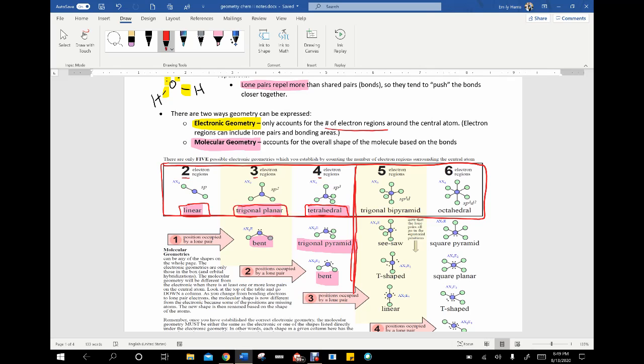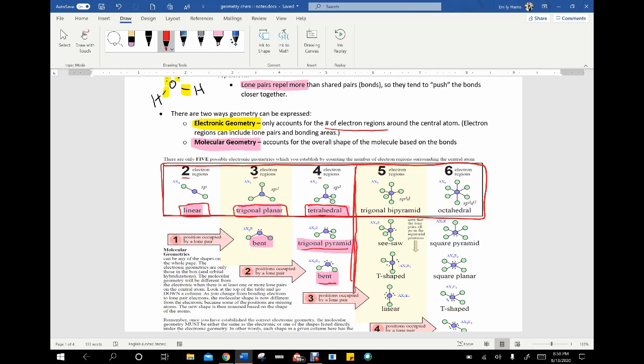Now, let's suppose that you still have 4 electron regions, but one of them is now a lone pair, and 3 of those regions are bonds. What that lone pair is going to do is repel those bonds down into almost a tripod or a pyramid-shaped structure. And so molecularly, it's going to be called a trigonal pyramid, a pyramid with 3 points. So electronically, it's tetrahedral, but molecularly, it's trigonal pyramid.